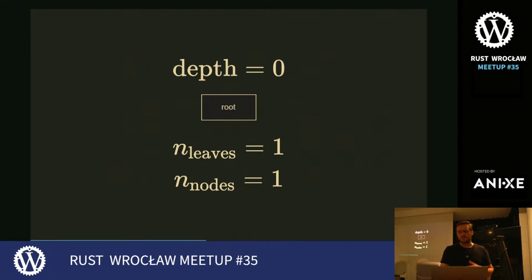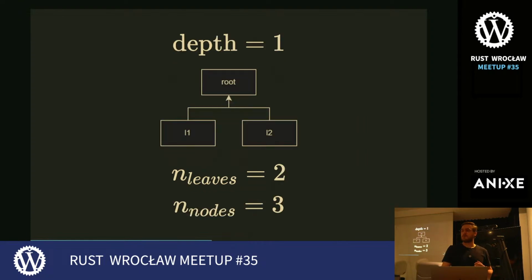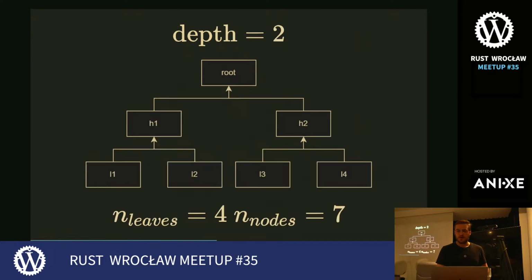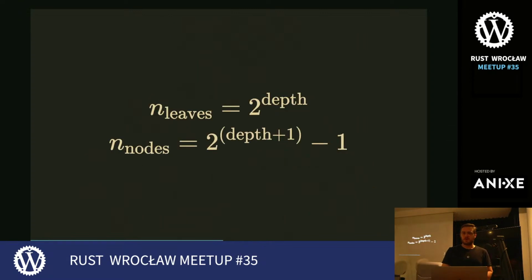And a tree of depth 0 is useless. It's just a single hash. It has 1 leaf and 1 node. A tree of depth 1 has 2 leaves and 1 root hash and 3 nodes in total. A tree of depth 2 has 4 leaves, 7 nodes. You might be seeing where it goes. A generic tree has 2 to the power of depth leaves and 2 to the power of depth plus 1 minus 1 nodes.